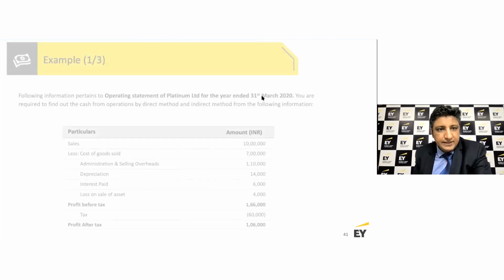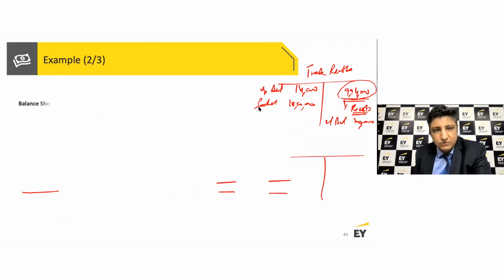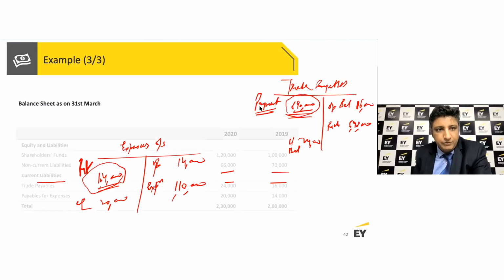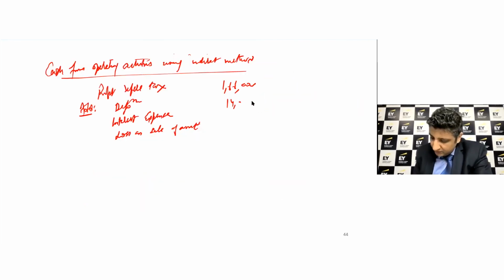These numbers are from total depreciation, which is 14,000, interest is 6,000, loss on sale is 4,000. So 14, 6, and 4. We want to pick these numbers: 14,000, 6,000, and 4,000, right?